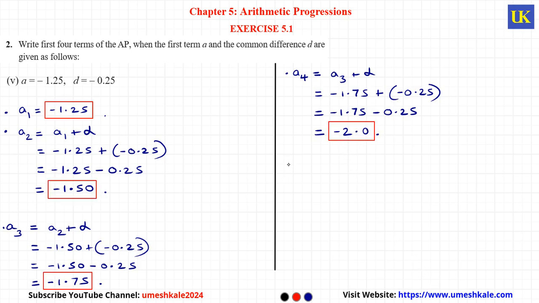So now finally we'll write the values here. So AP is equal to minus 1.25, then minus 1.50, then minus 1.75, then minus 2.0. So this is our answer, guys.